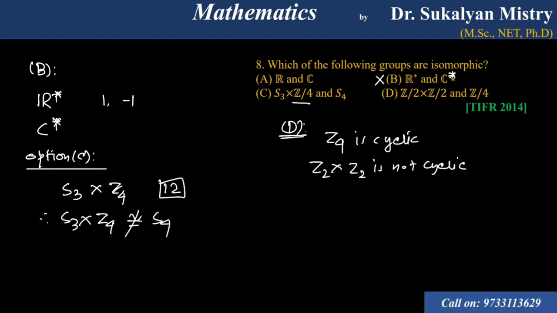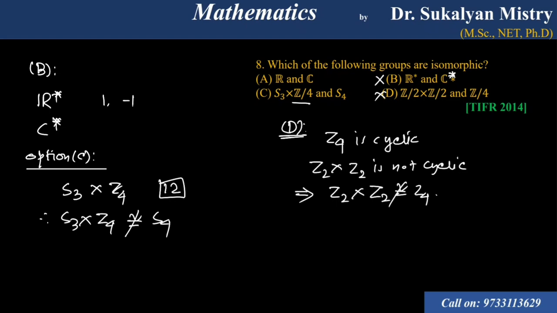Here 2 and 2 are not relatively prime. So Z2 cross Z2 is not isomorphic to Z4, and option D is also incorrect. So option A is correct.